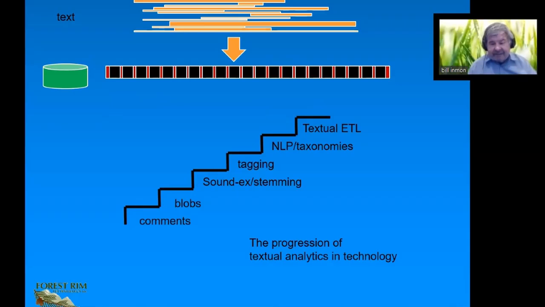On top of that sits something called textual ETL. Textual ETL is the state of the art in being able to read text, understand what's important, and turn that text into a database. So these have been the different stages our industry's gone through in order to create a meaningful way of dealing with text.